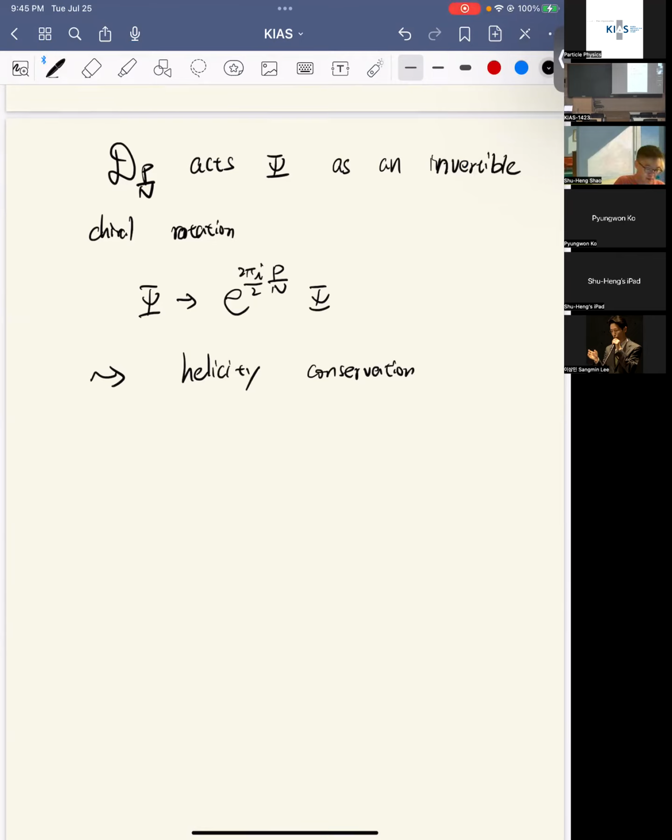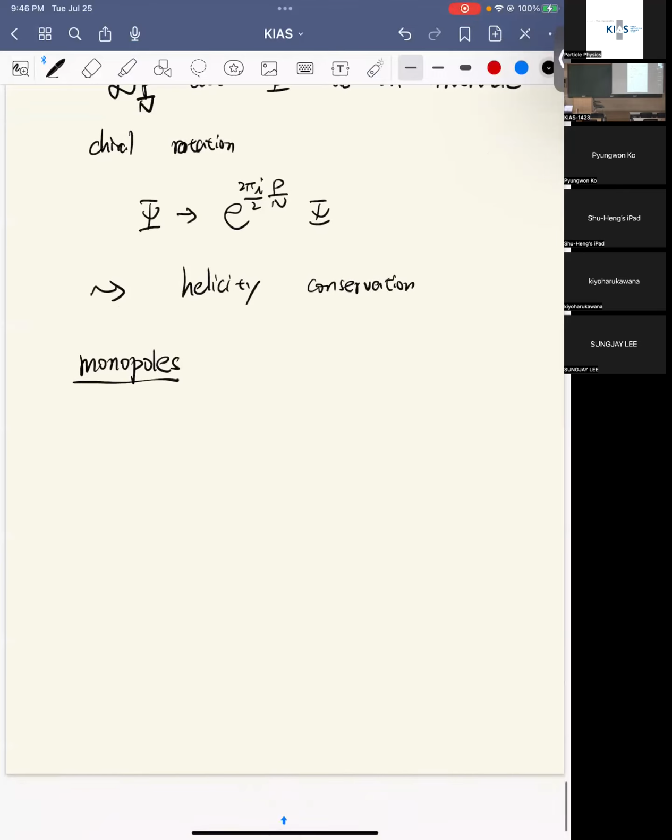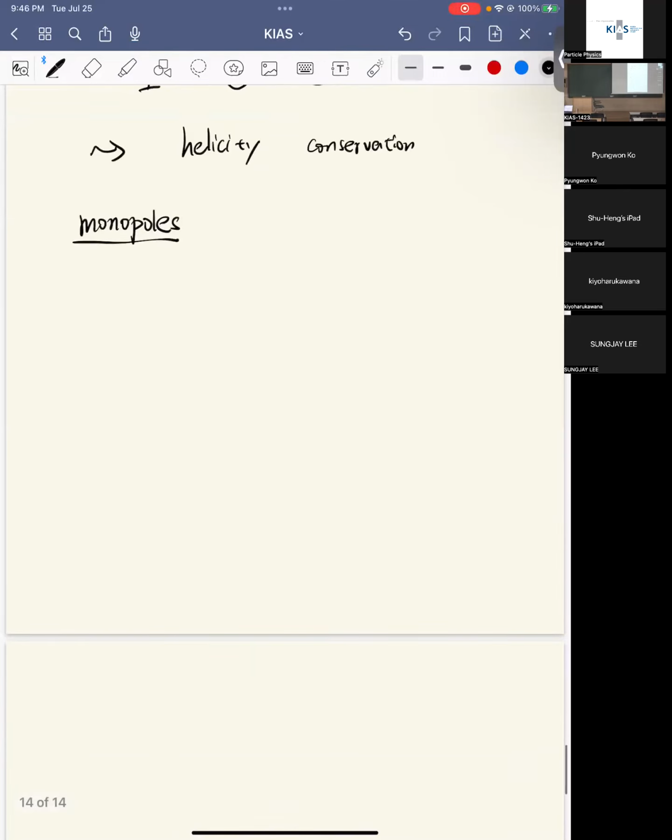But as emphasized above, the symmetry D is non-invertible. It's not a conventional symmetry. So it has to act in a funny way on certain objects in your quantum field theory. So what are those things? It turns out that the non-invertible nature is only revealed when you consider monopoles. So the process you can think about is the following.